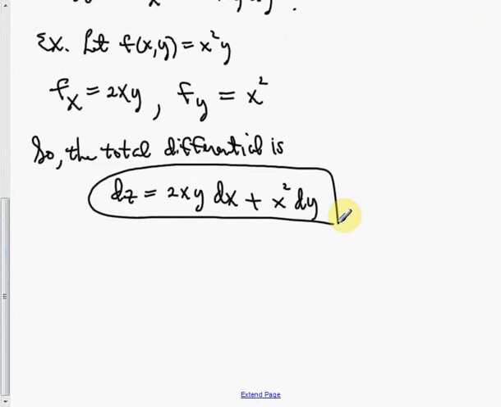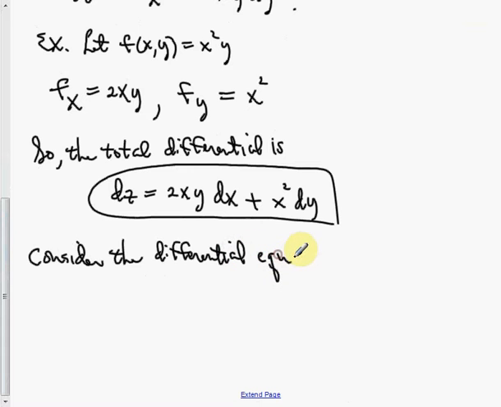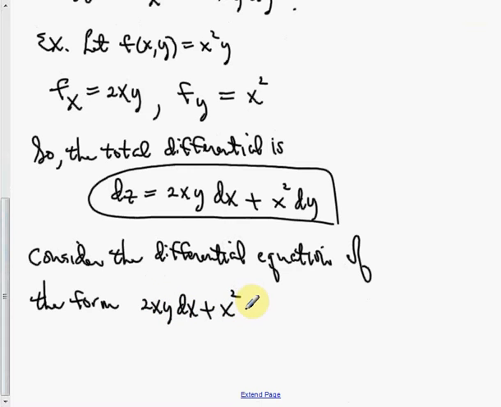Now in this class, all we consider is the differential equation of the form 2xy dx plus x squared dy equal to 0.